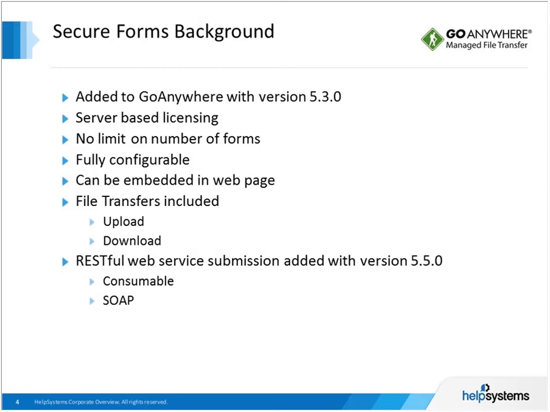So this was a huge step forward with the product, making the product even better, in that we now allow the ability to use RESTful web submissions, meaning they can actually connect to us using REST or using SOAP, transfer a file, transfer information, submit that information, even turn right around and automatically download a file through that submission. And that's a little bit of a bonus coming up here in a little bit, and we'll actually take a look at that as well.